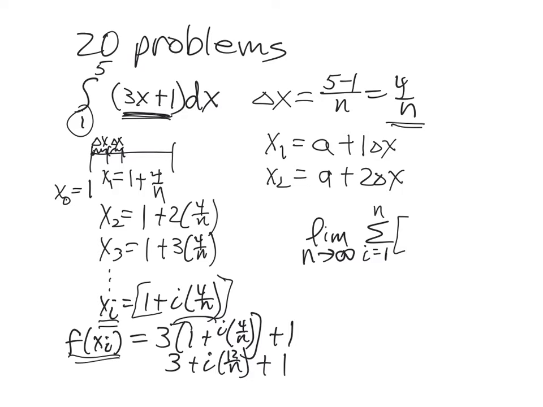So f of x sub i, 3 plus 1, we could write that part as 4. And then we have the 12 over n times the i. So whatever order you want to write that in. Doesn't really matter with the plus. And then don't forget times your delta x.